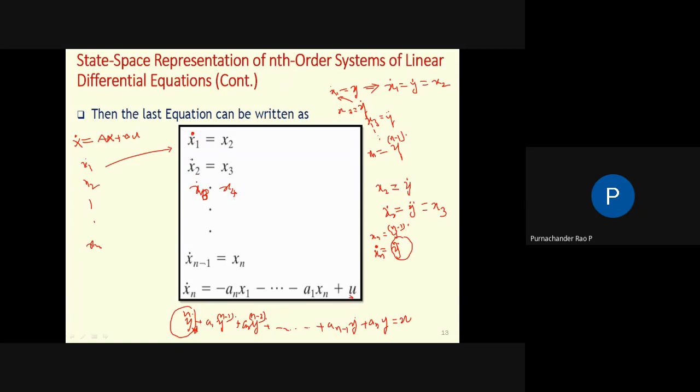So this is your equation. The state equation is x1 dash is equal to x2, x2 dash is equal to x3, and so on, x(n minus 1) dash is equal to xn, and xn dash will be equal to minus an into x1 minus a(n minus 1) into x2 and so on, minus a1 into xn, plus u.